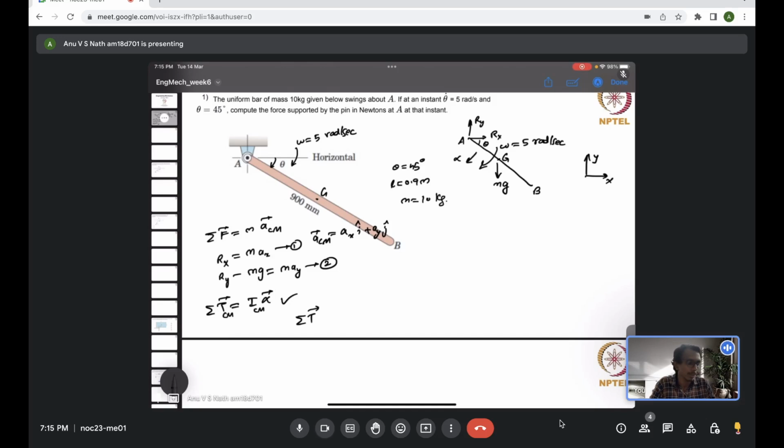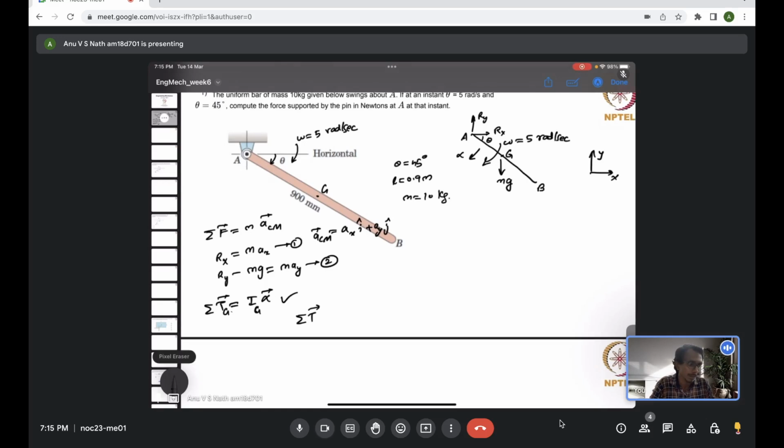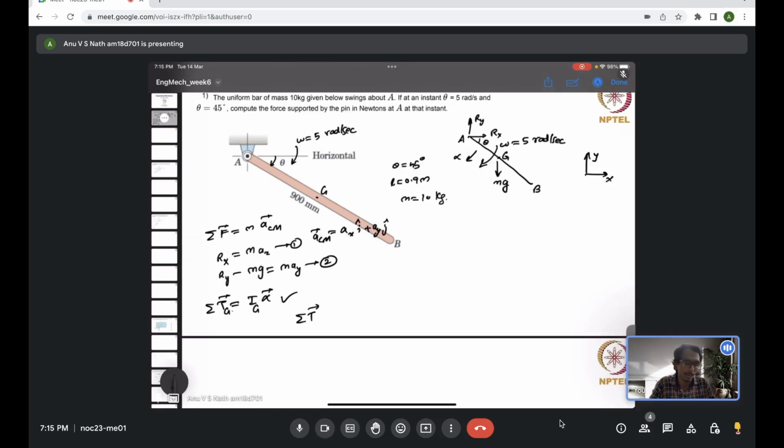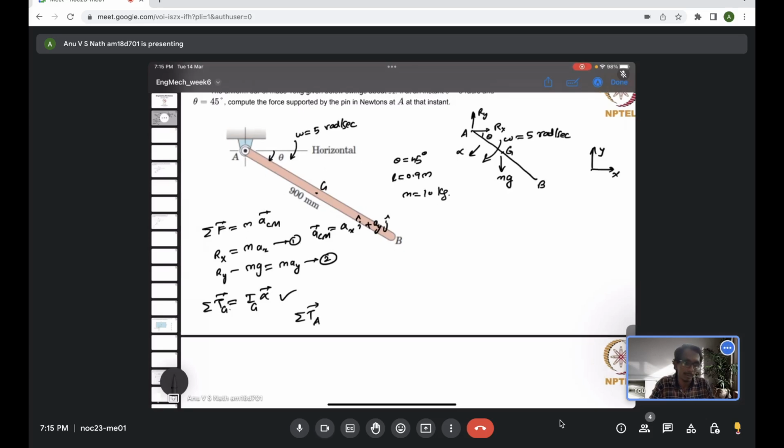So I can use this formula about G. Where I have to compute the torque or moment about G, similarly the moment of inertia I have to compute about G. Then this formula will be valid. Or I can choose about A, which is a fixed point, not moving. Then correspondingly I have to take the moment of inertia about the point A. The same formula will be again valid.